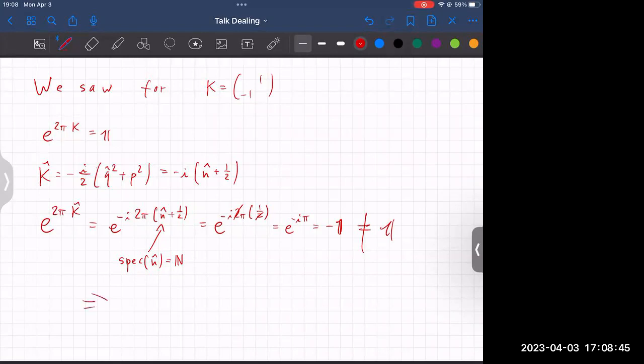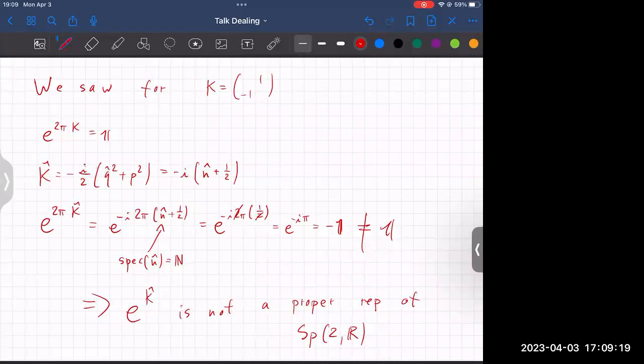From there, we see immediately that e to the k is not a proper representation of SP2NR, or in this specific case, of course, SP2R.